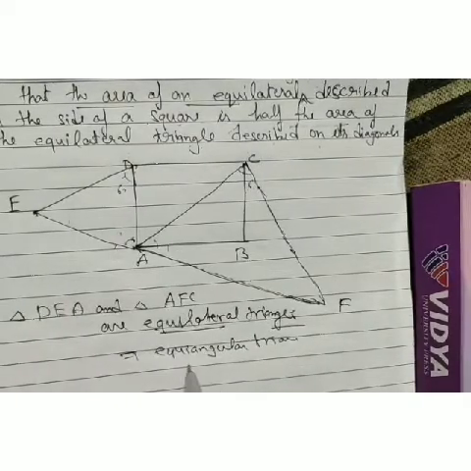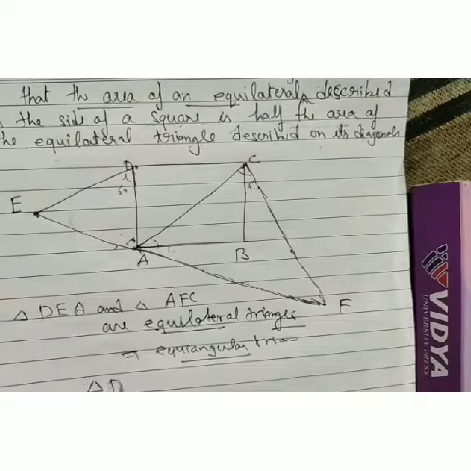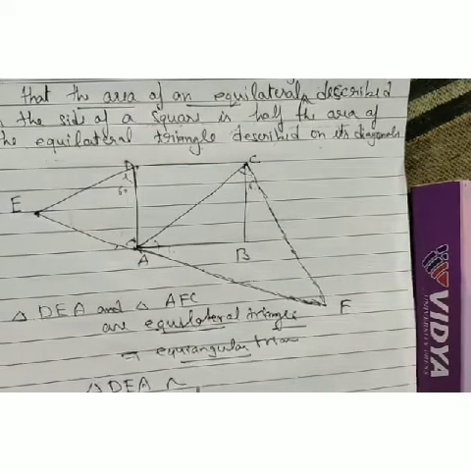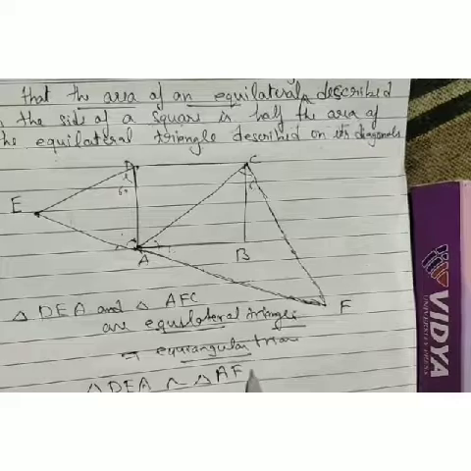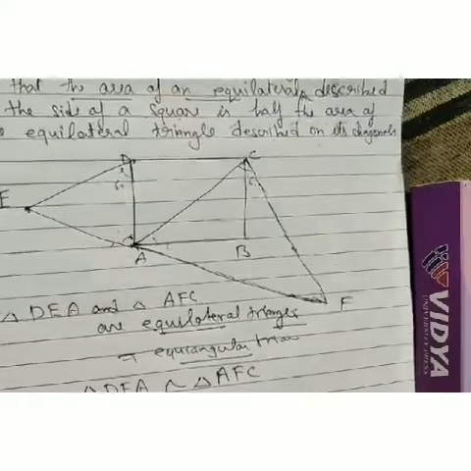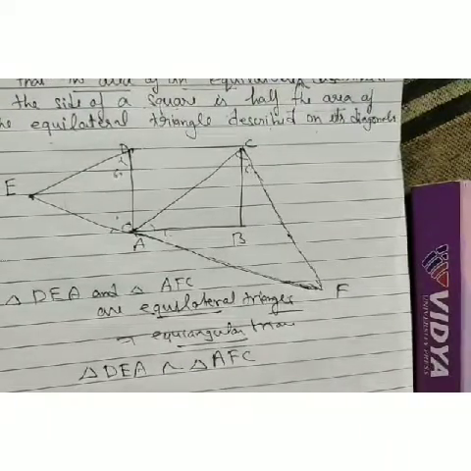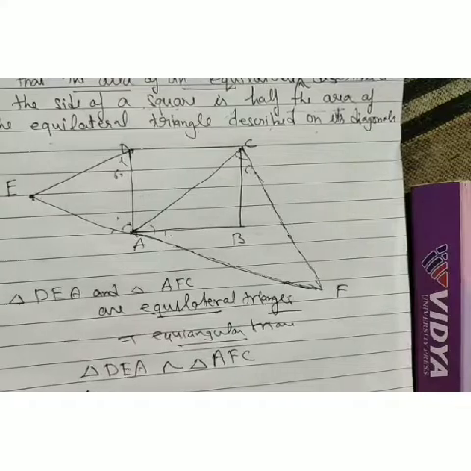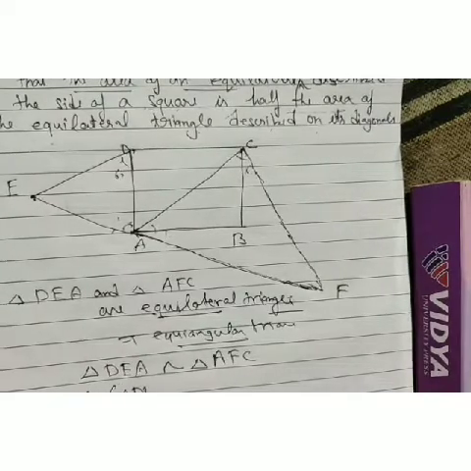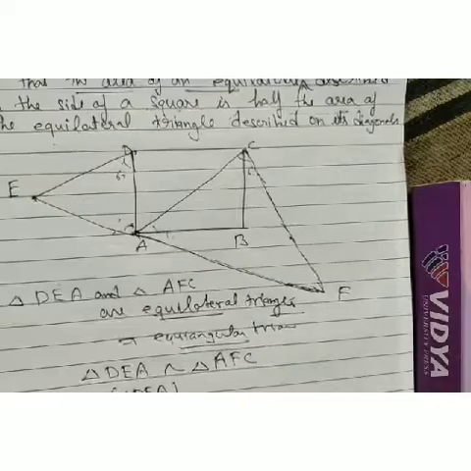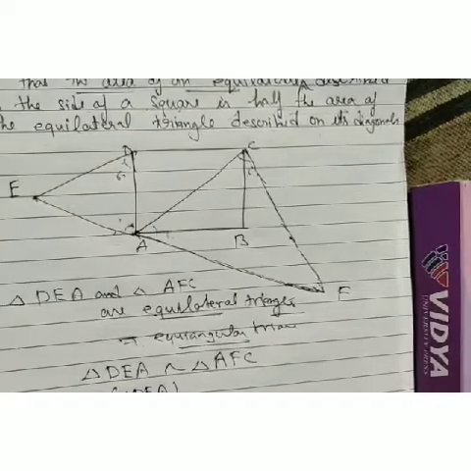We know that equiangular triangles are similar. Then triangle DEA is similar to triangle AFC. Now we are going to find the areas: the area of triangle DEA to the area of triangle AFC.